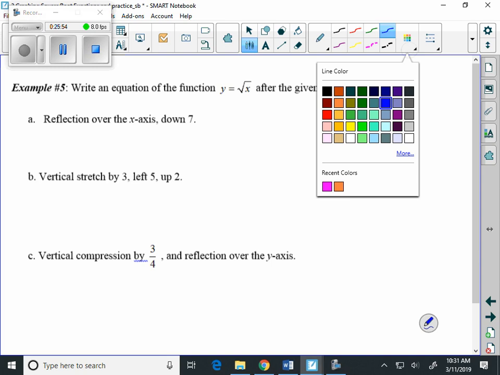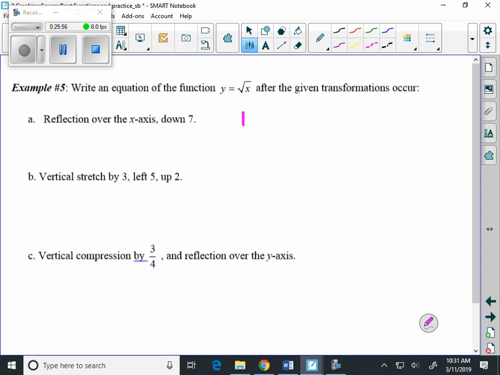If we take a look at this one, y equals the square root of x, and the things that are going to change when we have a reflection over the x-axis, we're going to have a negative out in front of it. That's a reflection over the x-axis. Down 7 is also an outside feature. It means -7.